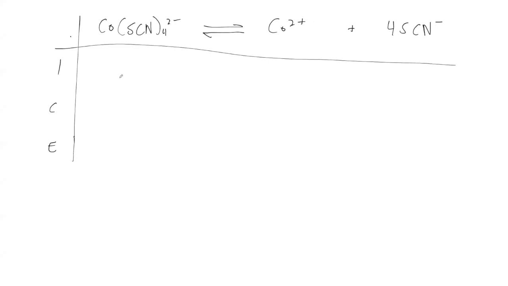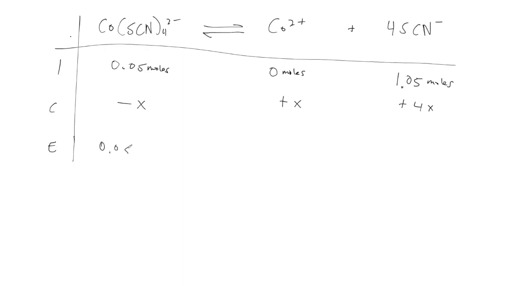So now filling in from what we calculated previously, we have 0.05 moles, 0 moles, and 1.05 moles. So then we're going to subtract x, plus x, and then plus 4x. And then essentially we will be solving for x in order to determine what that amount of cobalt is.